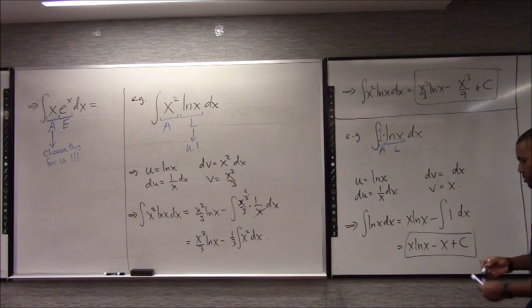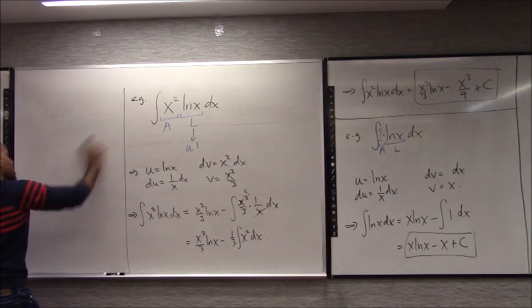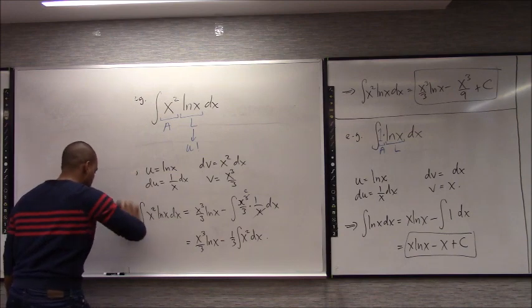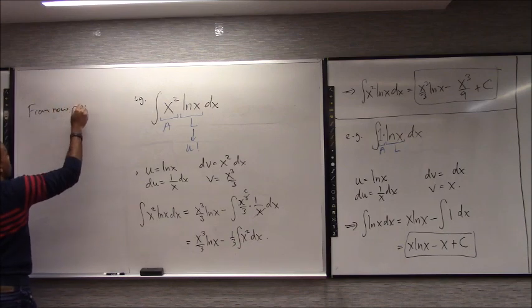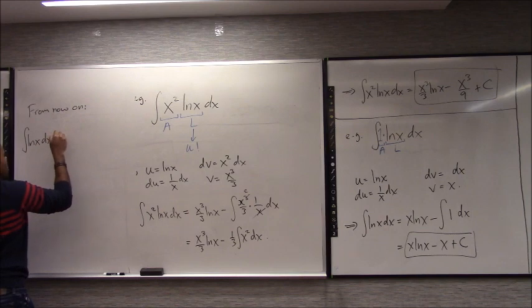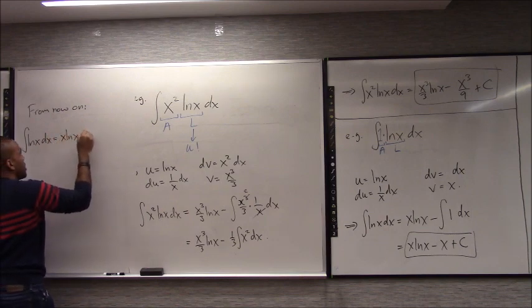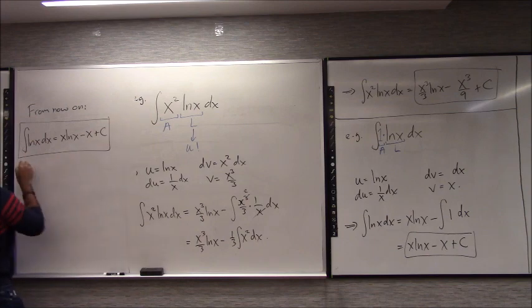By the way, this is a very important problem, because from now on, this should be one of the things in your basic arsenal. We declare it a basic rule.